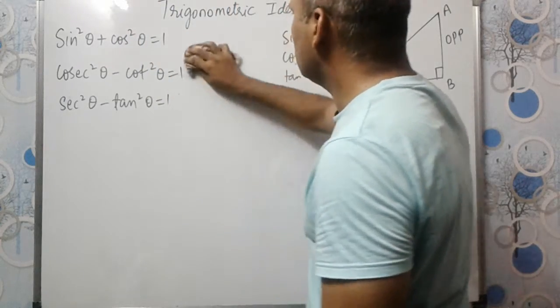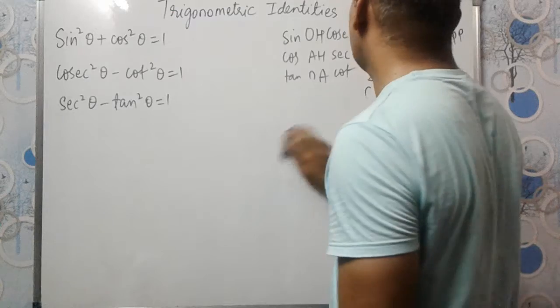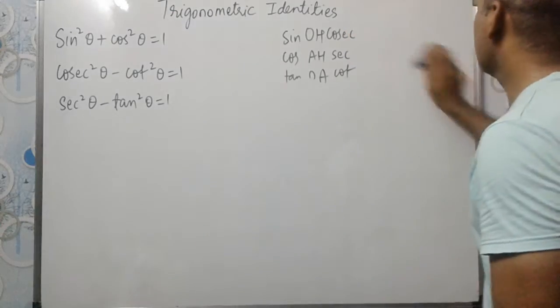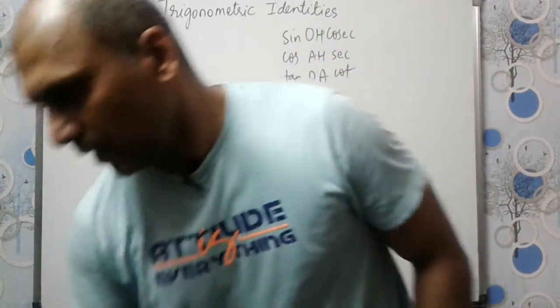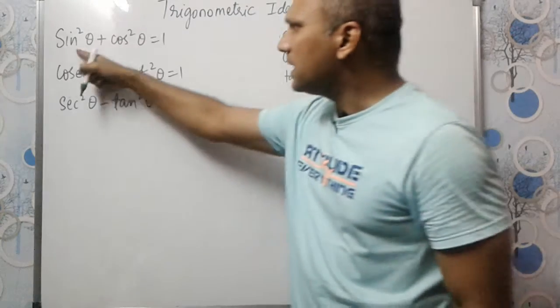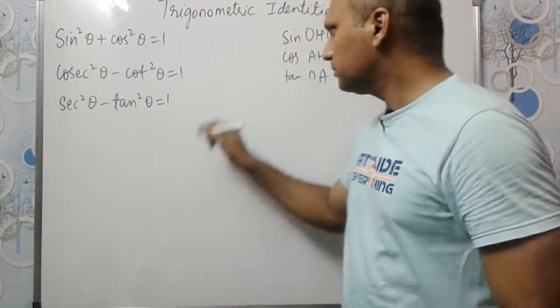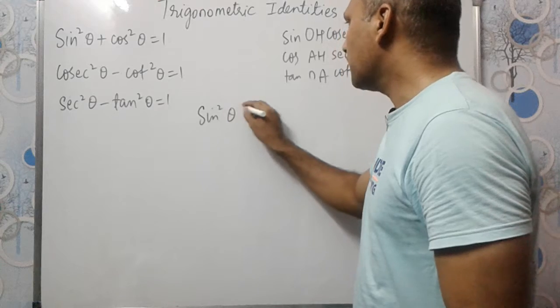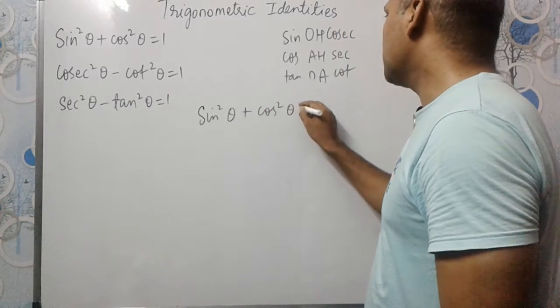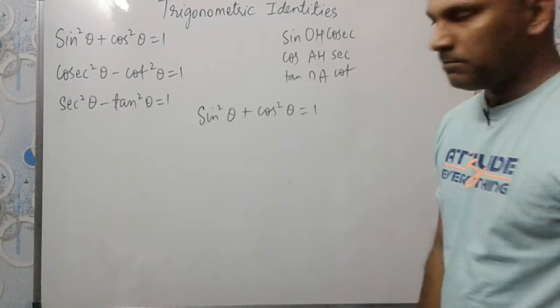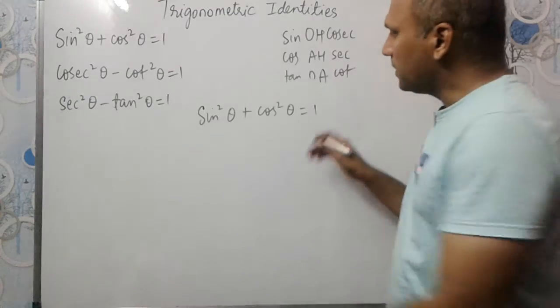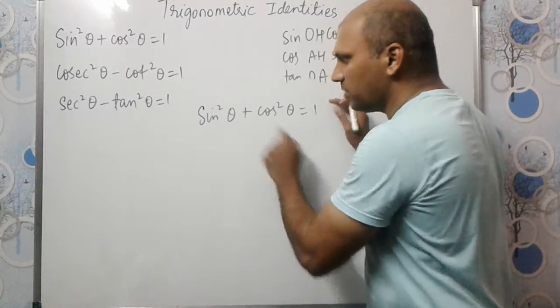See, to remember these identities, what should we do? We all know sin square theta plus cos square theta is equal to 1. Let us do one thing. Let us divide both sides by sin square.